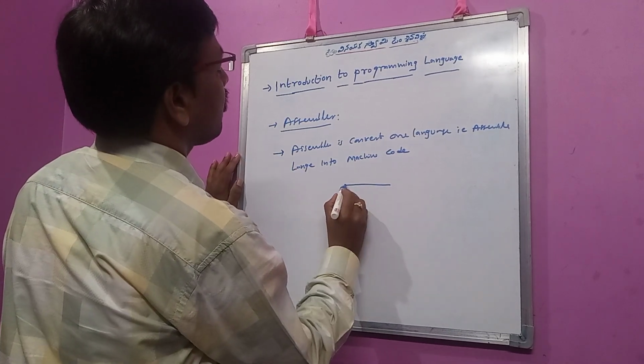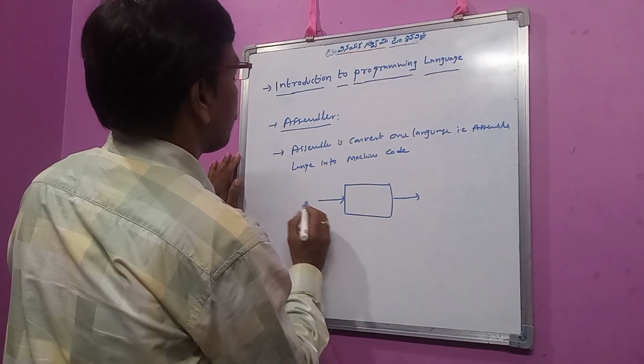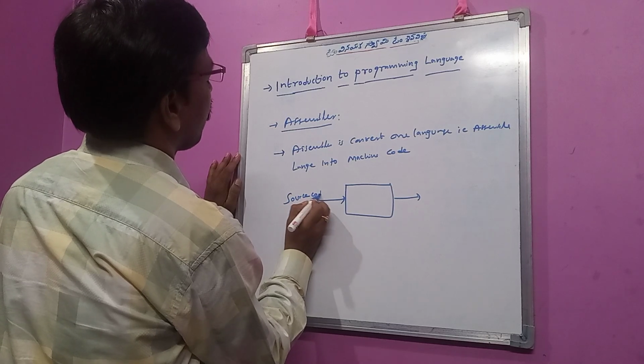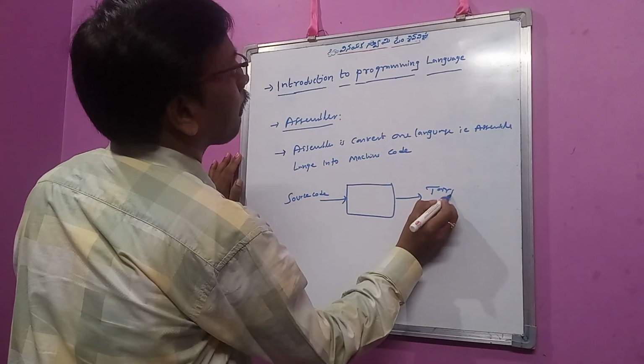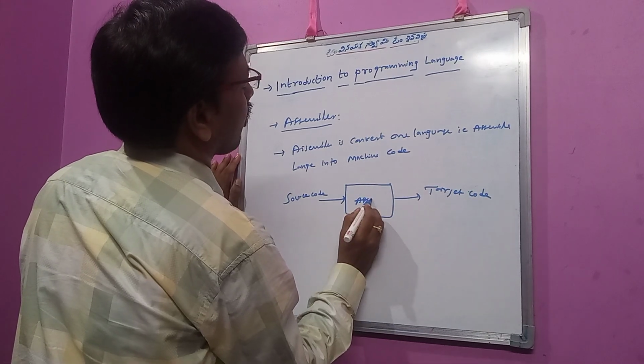Here you can see the structure is like this. This is the source code, the target code, and the assembler.